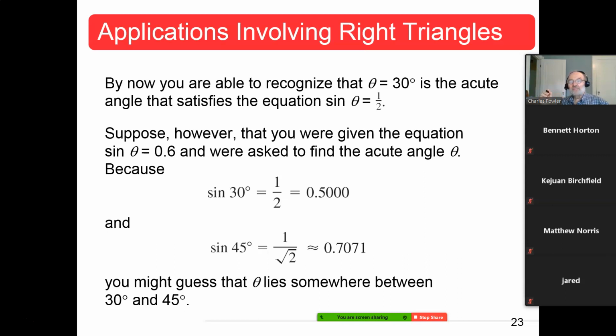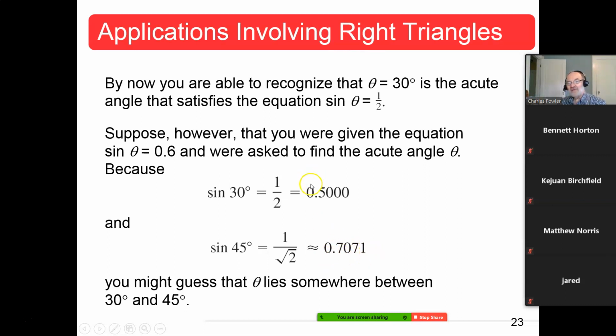Okay, suppose that you were now given an equation, sine of theta is equal to 0.6, and we're asked to find that acute angle theta. Right now I've shown you how to do an inverse sine. They haven't done that in the book yet. So what we would have to know is sine of 30 was 1/2 or 0.5, and sine of 45 was 1 over root 2, which is 0.707 something, but rounds off to that.